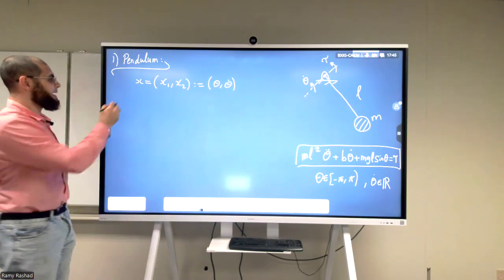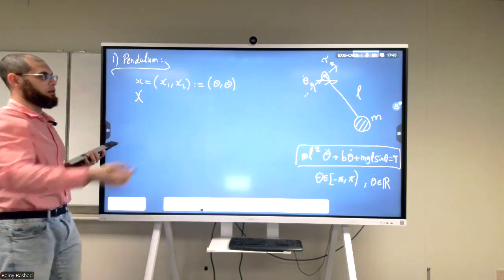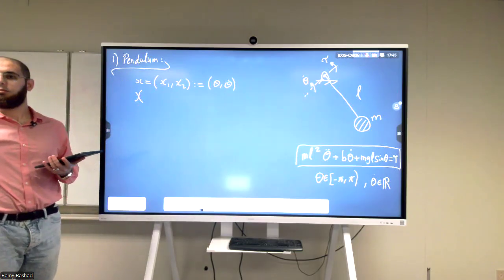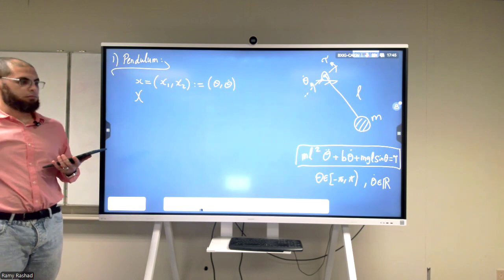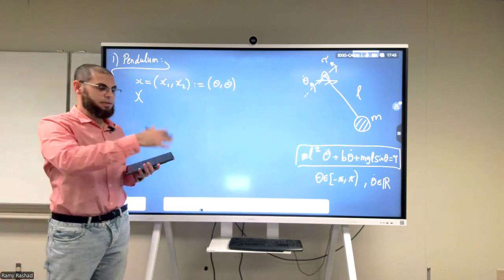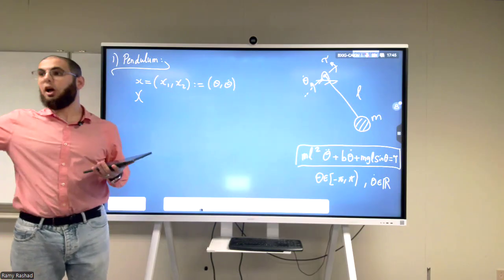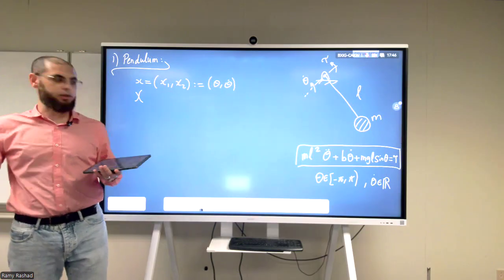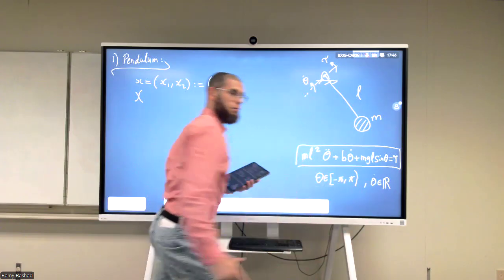So what is the state space where x lives in? Minus pi to pi, times R, exactly. It's the Cartesian product of this space and that space. You agree?